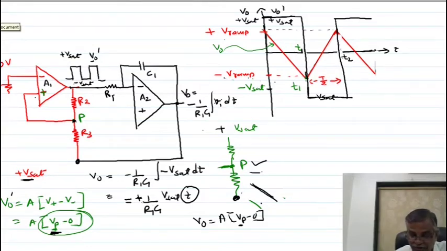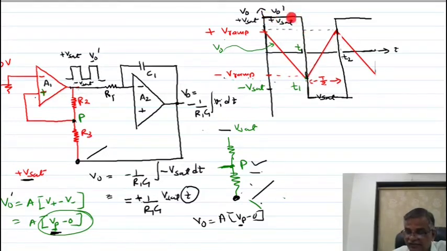So at that time this is negative, this is a positive ramp, so I will get positive ramp voltage. So the potential at this point is changing, here negative, this is positive ramp. So this point, you can say this is a positive ramp. This is output of A2, this is output of A1.